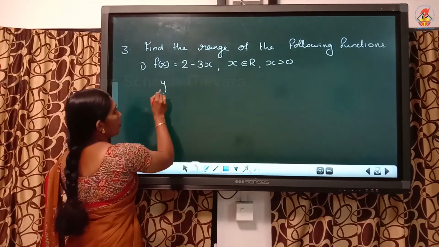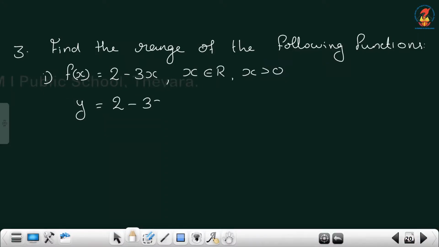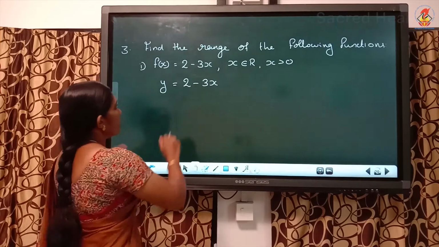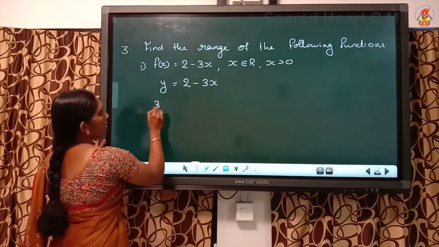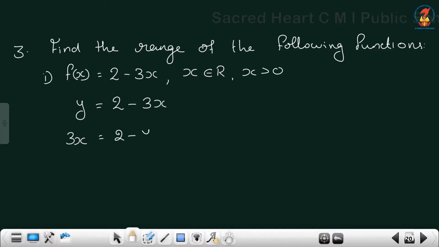So y is equal to 2 - 3x. Okay. Then after this step, write what is x. This is always the step for finding the range: put f(x) as y, then after that write x is equal to. So I take this 3x to this side: 3x is equal to 2 - y. And the x value is given as greater than 0, so x is a positive number.